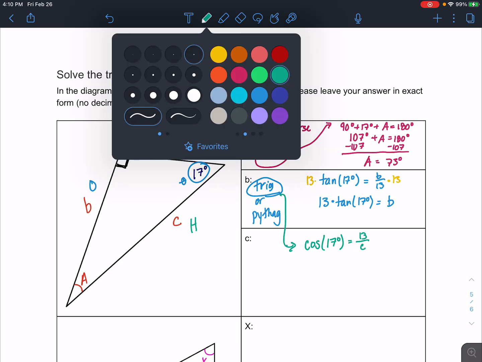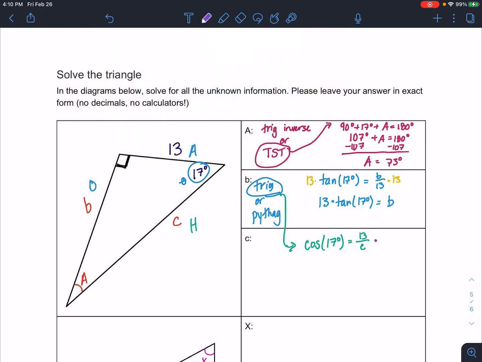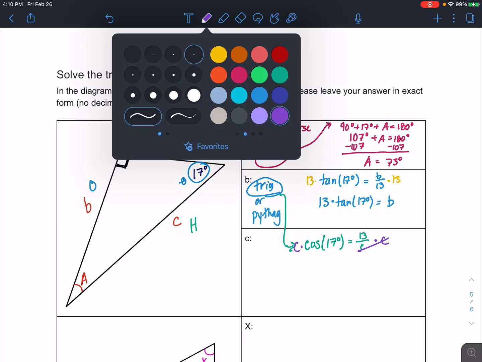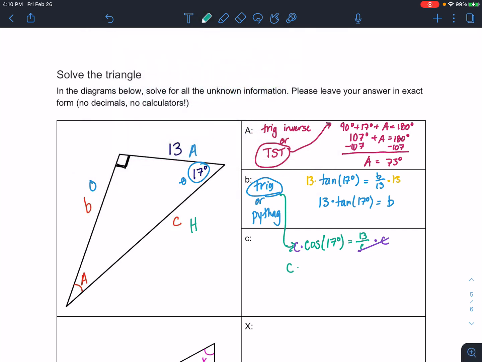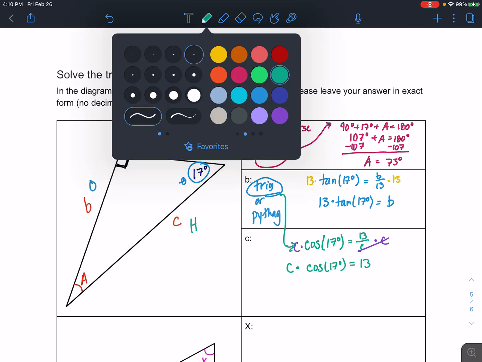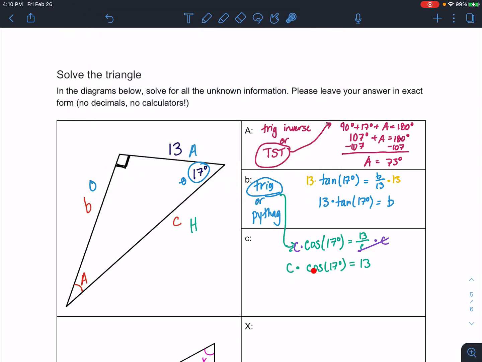In order to get C by itself, we need to get C out of the denominator first, so I'm going to multiply both sides of my equation by C. So now I have C times cosine of 17 degrees is equal to 13. And now, currently, C is being multiplied by this number called cosine of 17.